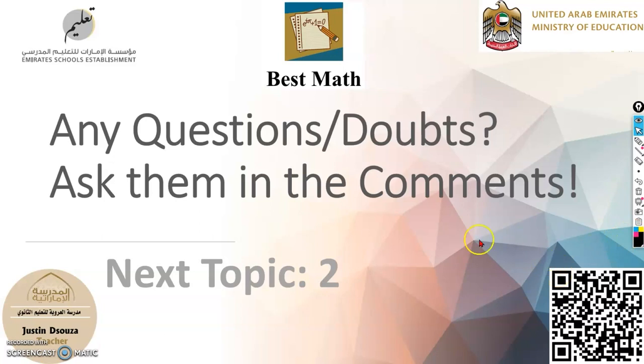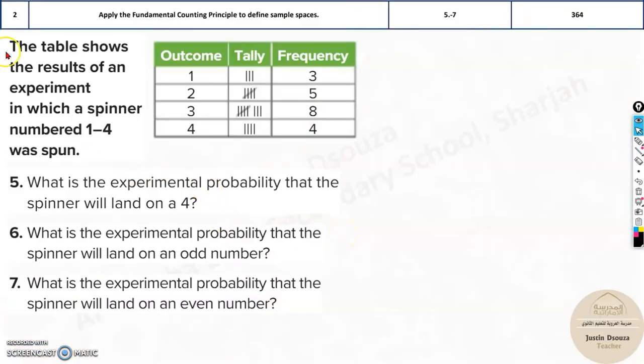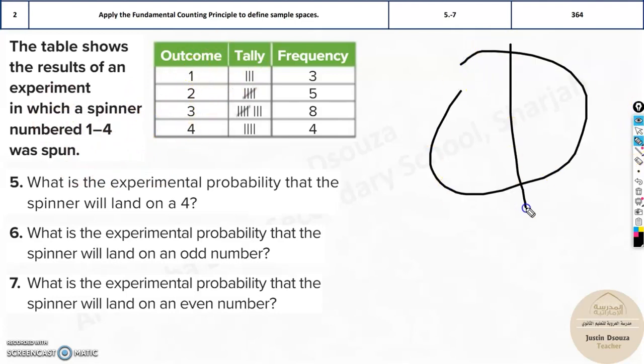The next topic is the second topic, which is again similar to what we just saw in topic number 1. Here they have told the table shows the result of an experiment in which a spinner numbered 1 to 4 was spun. That means you're spinning this. Imagine this is a spinner. It has 1, 2, 3, 4 on it.